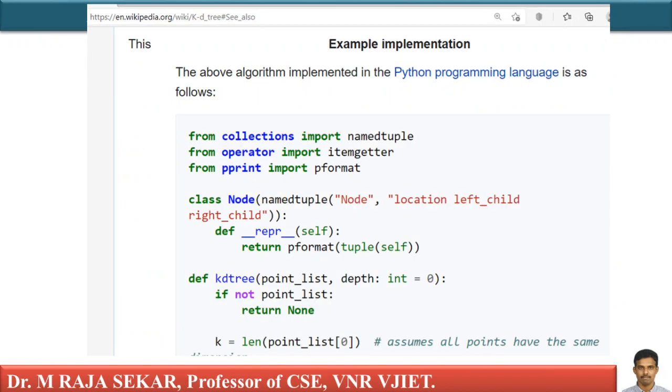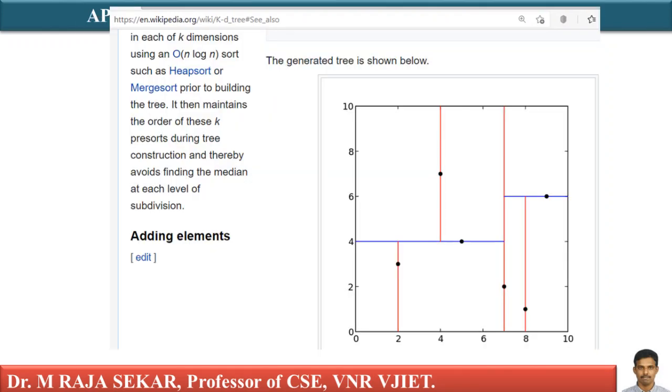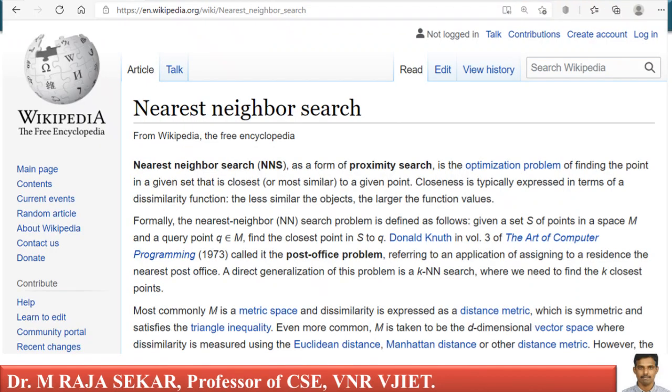Just observe, here we have nice code in the Python programming language for how to build a KD tree. So I strongly recommend you go through the algorithm for searching the nearest neighbor. This algorithm is also clearly explained on this Wikipedia page. I love reading Wikipedia articles, very well documented.